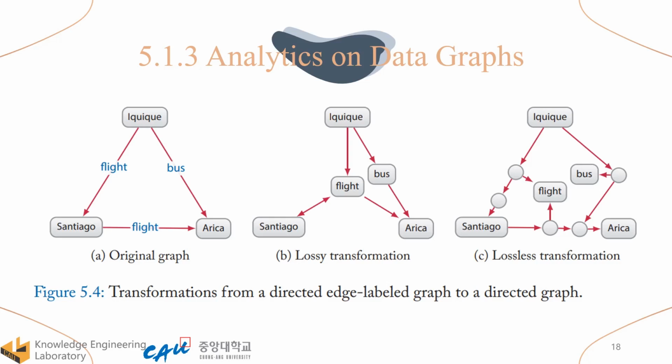The lossless transformation C requires the introduction of a new node, similar to reification, to maintain information about the edges in the specified direction. Both transformed graphs further attempt to preserve the directionality of the original graph.